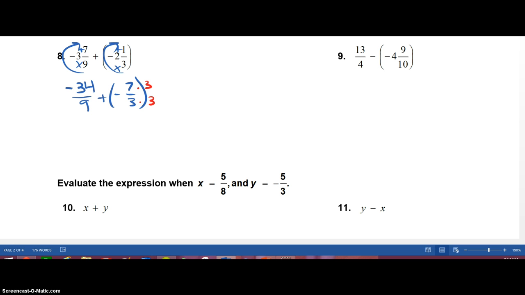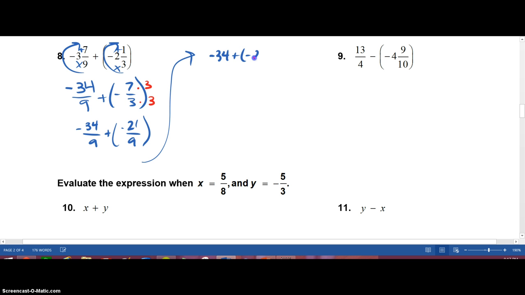So my new fraction will be negative 34 ninths plus negative 21 ninths. So now I have a common denominator. I'm going to bring my problem over to the right. And I'm going to combine my numerators, negative 34 plus negative 21 over 9. And here we'll end up getting negative 55 ninths.